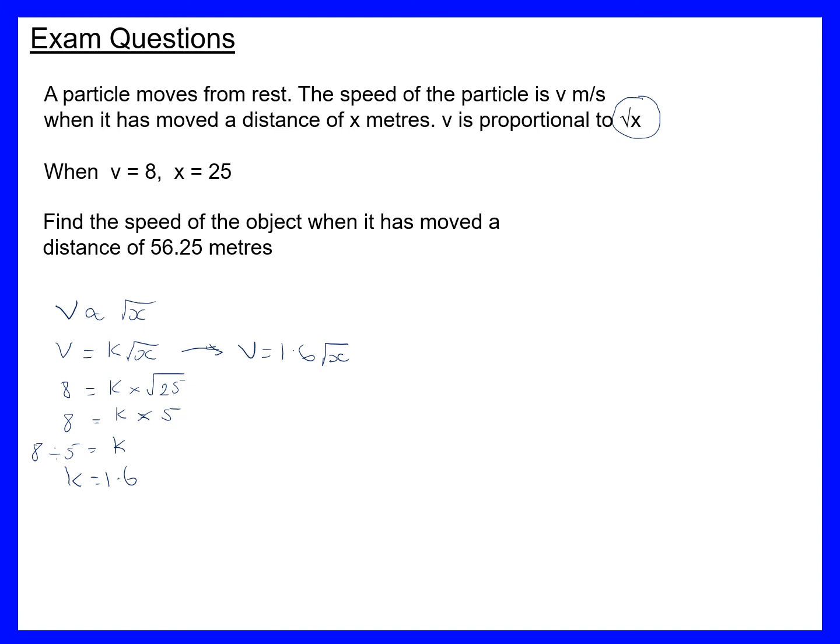We can use that to help us to answer this question. So we want to find the speed when the object has moved a distance of 56.25. So x, remember, is 56.25 this time.